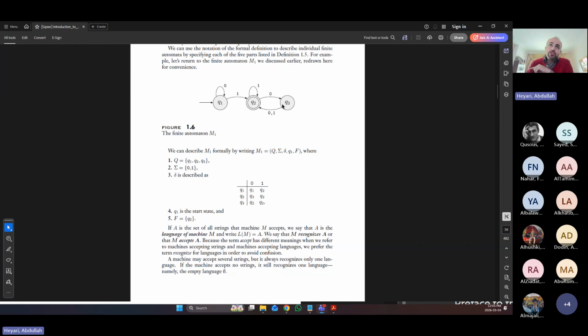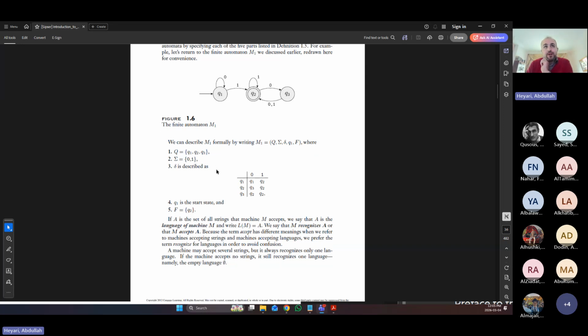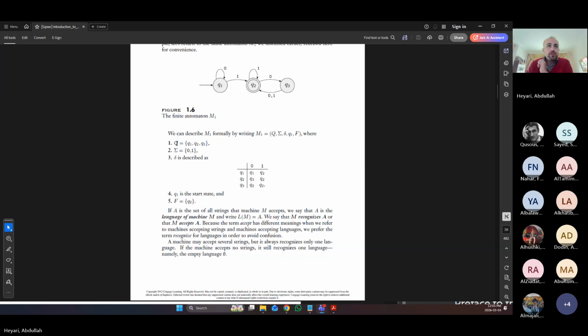For example, this machine, which is M1, is expressed as a diagram like this. But M1 can be formally defined by stating its set of states, Q1, Q2, Q3, its alphabet, 0, 1, and its transition function, delta, which is explicitly stated as a table, or you just state delta of Q1, comma 0, delta of Q1, comma 1, and you spell out every possible answer, every possible state.